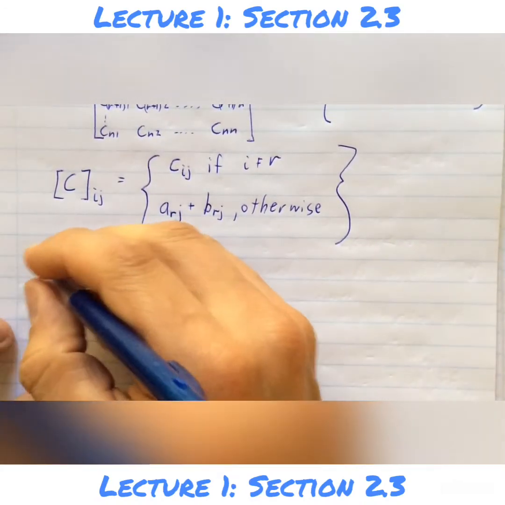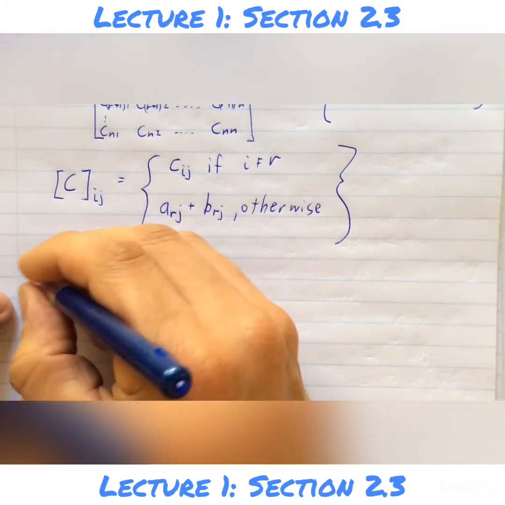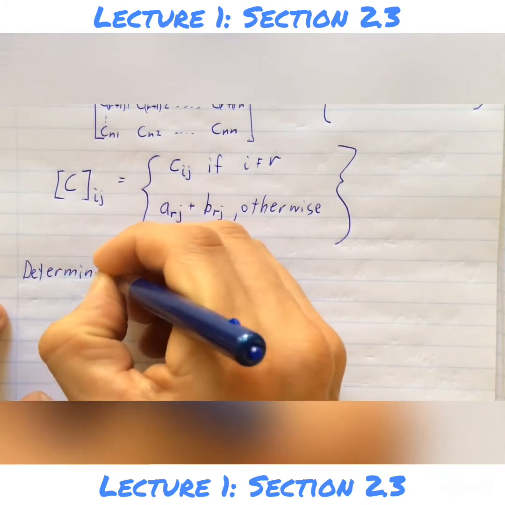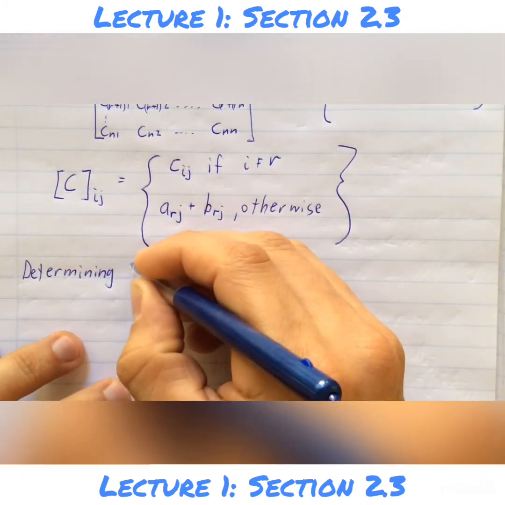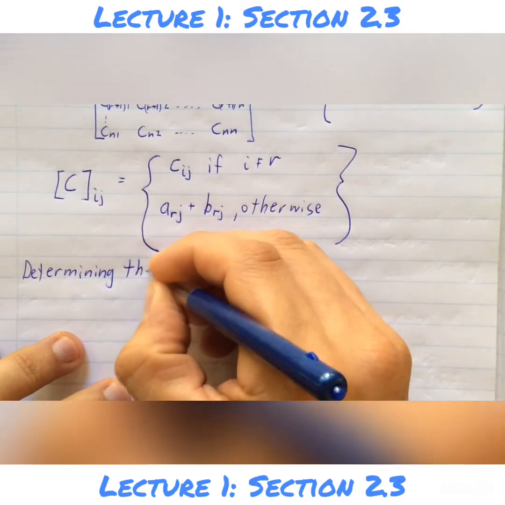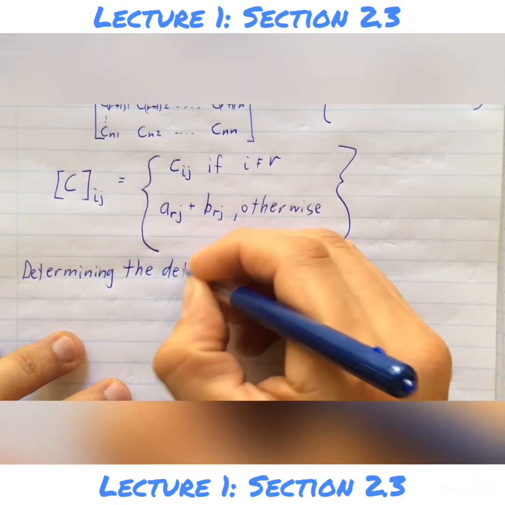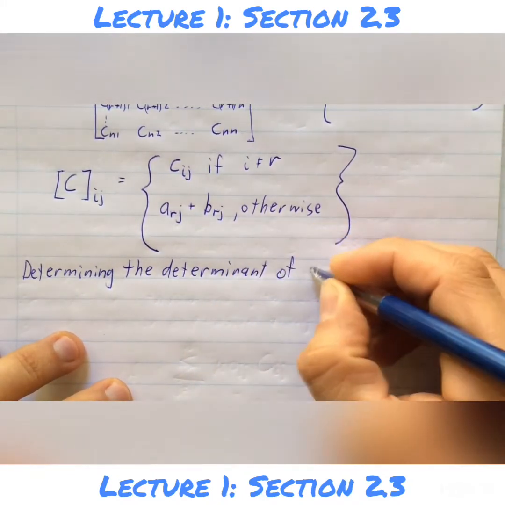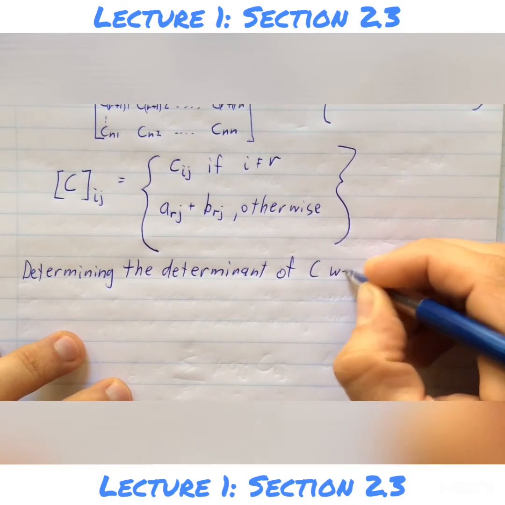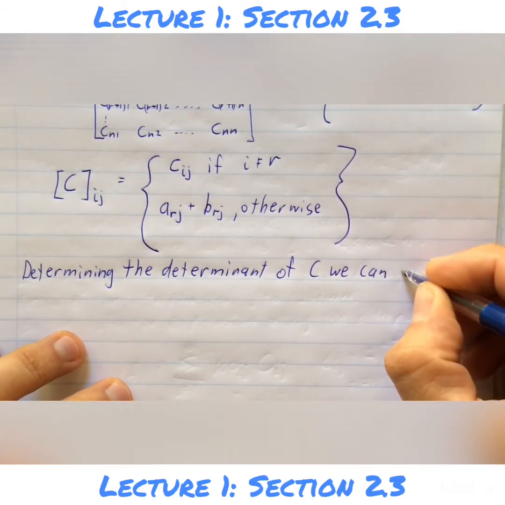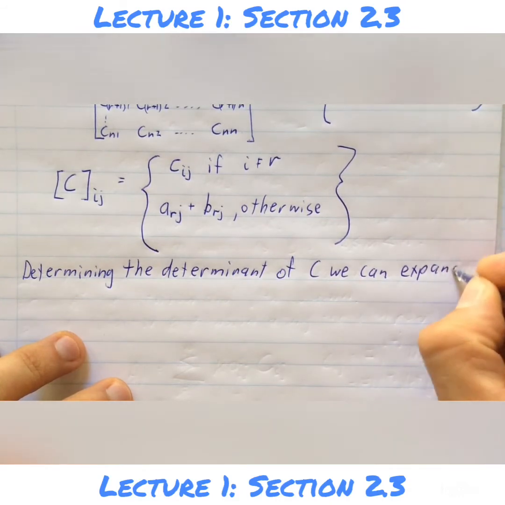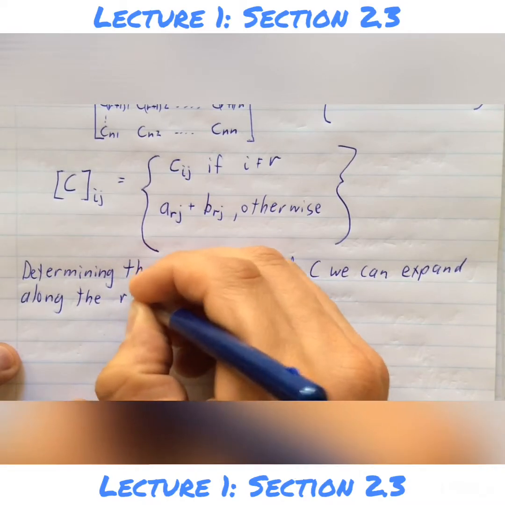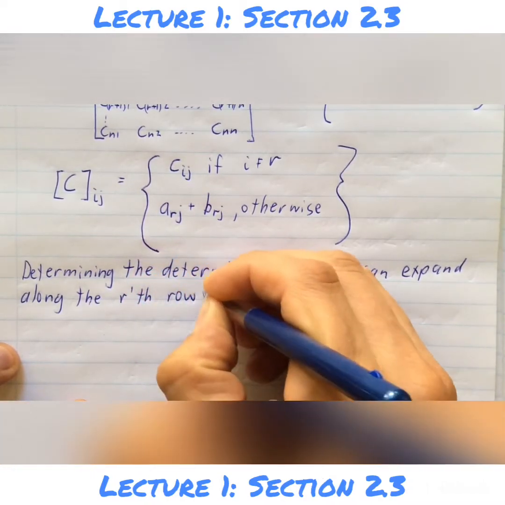So now, determining the determinant of C, we can expand along the rth row.